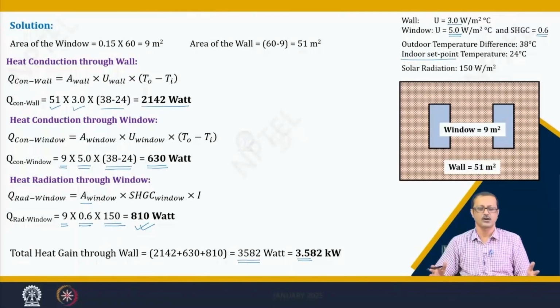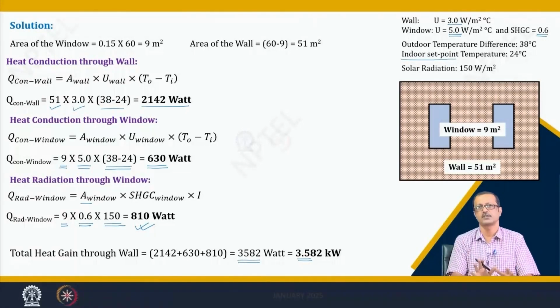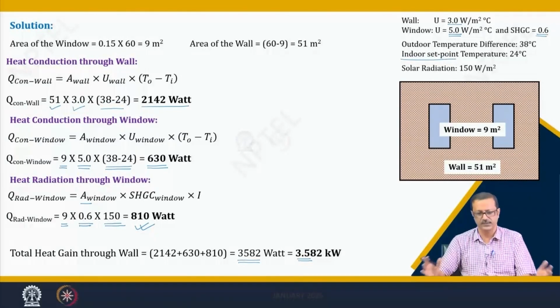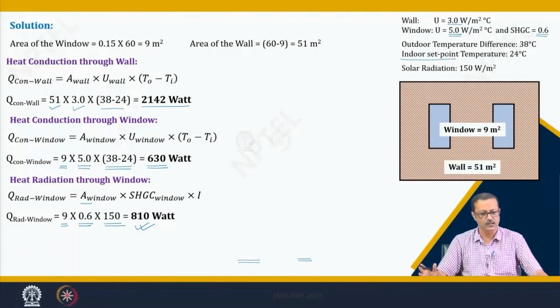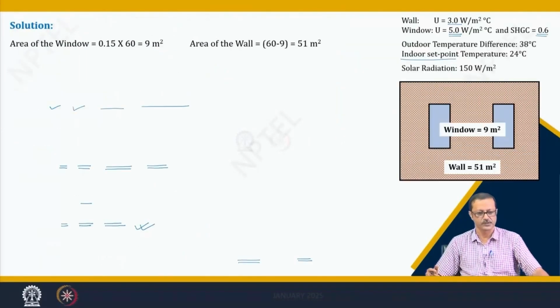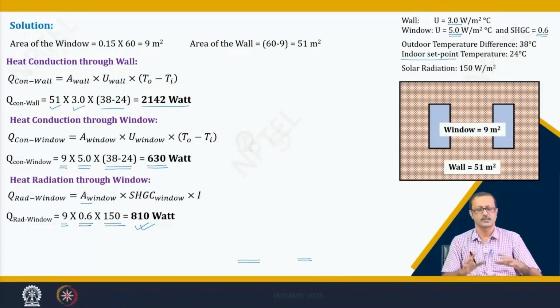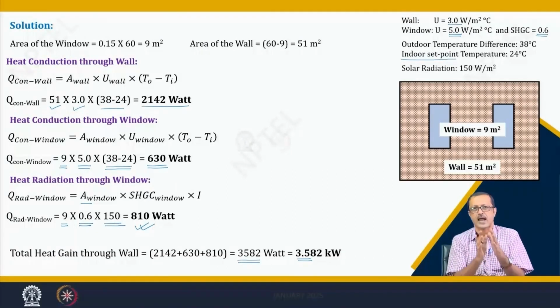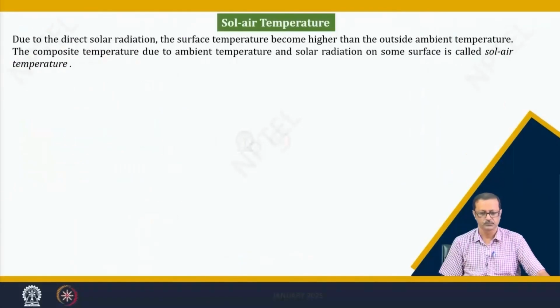You have a wall of 60 meter square with 2 windows or 3 windows, whatever it may be, but only 15% is window area, and the rest 85% of the area is your wall. I just go back. Yes, WWR is 15%. So, 15% is your window, and the rest of the area is your wall. So, at that snapshot time, 3.582 kilowatt will be the energy transmission.